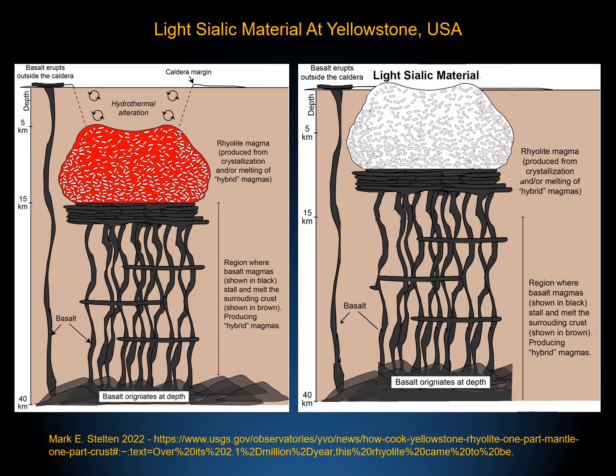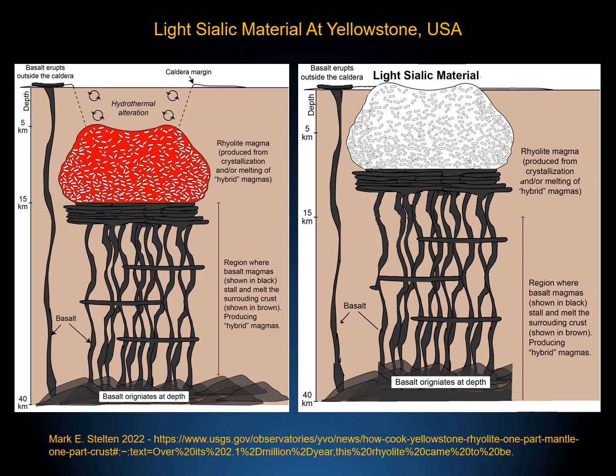On the left is a solution to the rhyolite-basalt paradox as presented by Stilton 2022 for the Yellowstone caldera. The right-hand image is our model showing the light sialic material, that is the rhyolite, forming at the surface of the Earth.